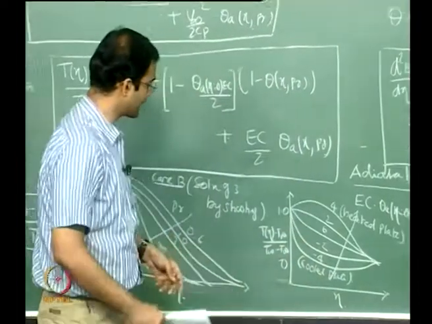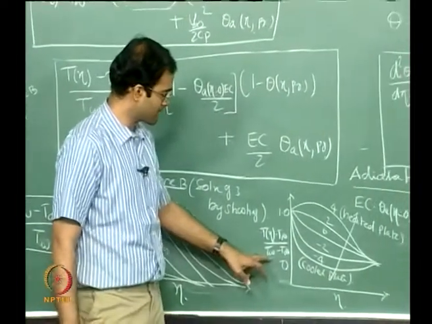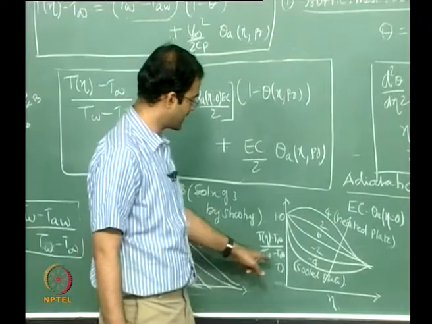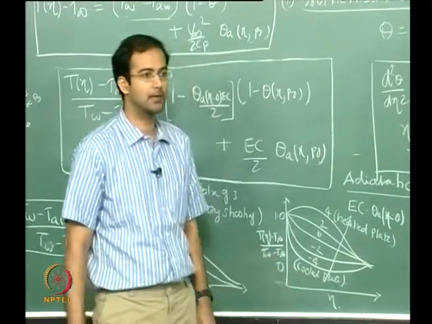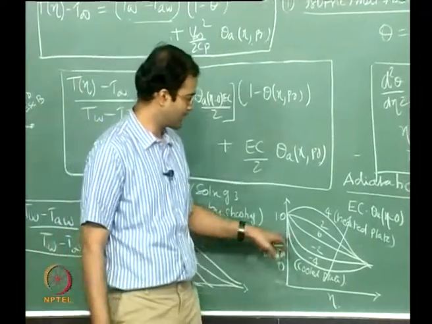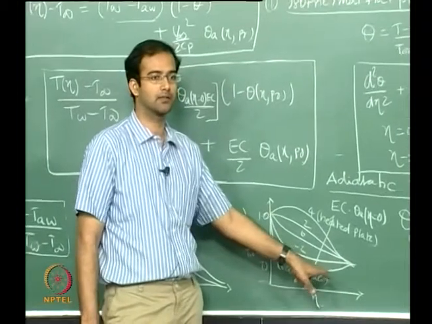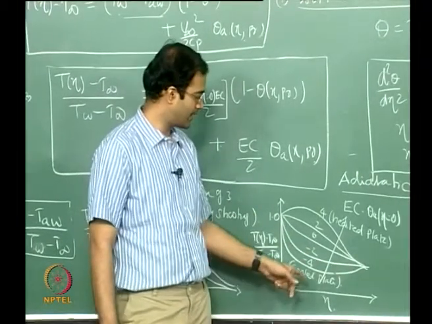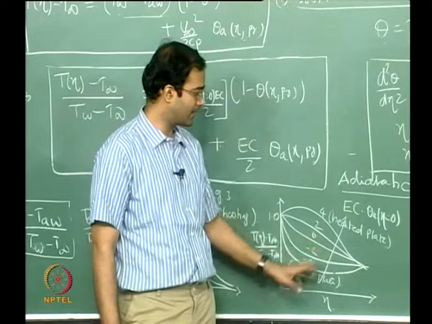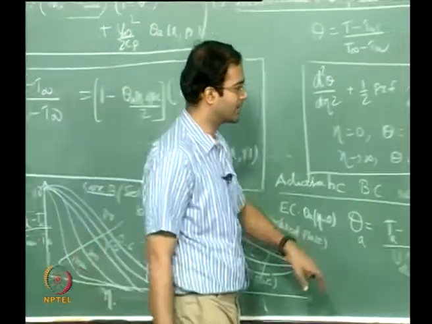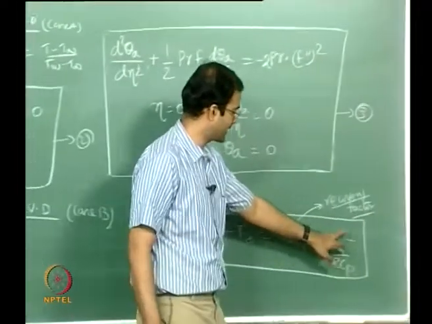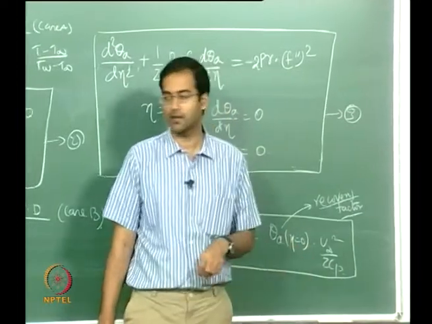So in the case of heated plate, your wall temperature is greater than your T infinity. In the case of cool plate, wall temperature is less than T infinity, so you can get negative values of this when you plot it, and these are for different values of Eckert number into theta A at eta equal to 0.